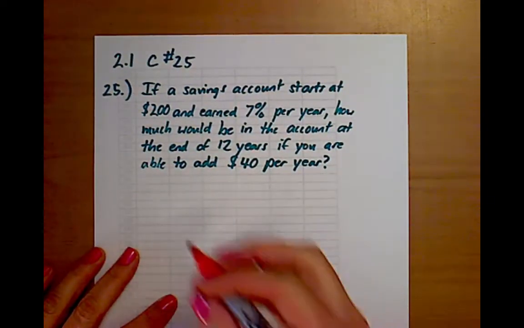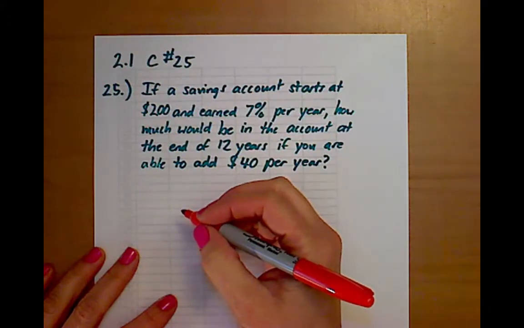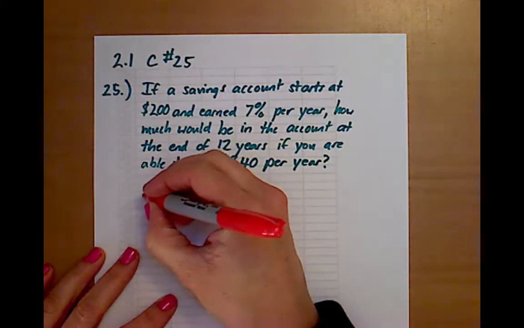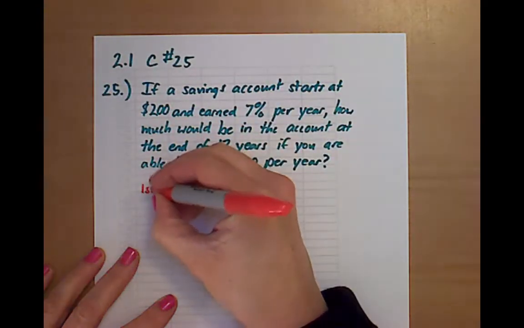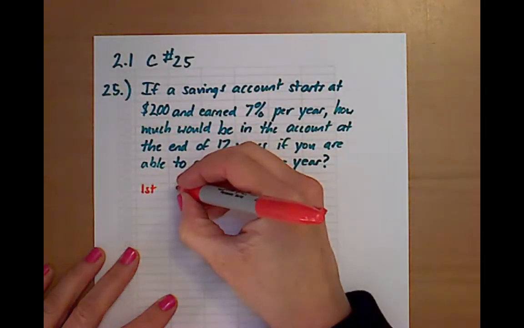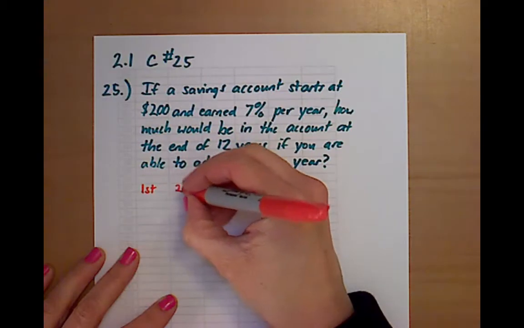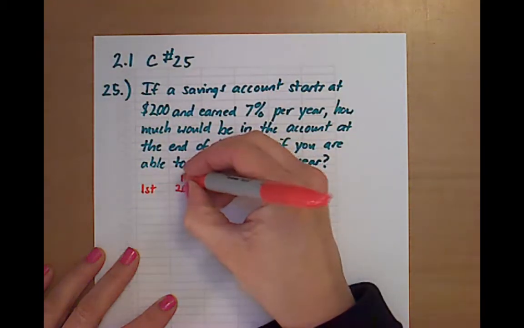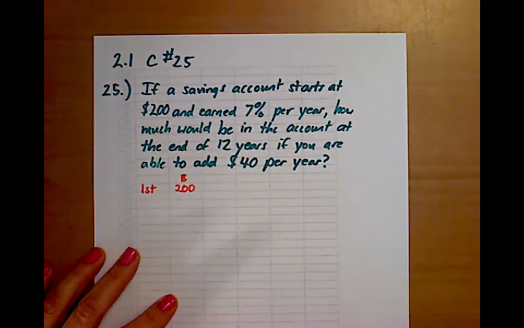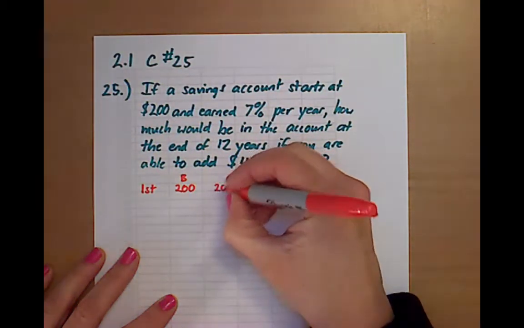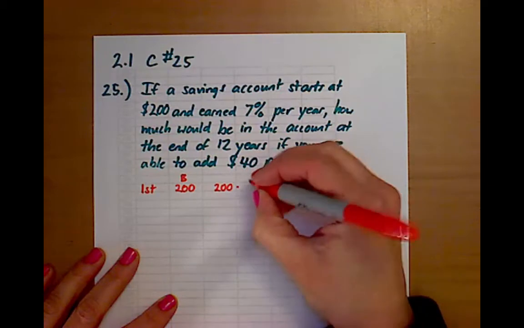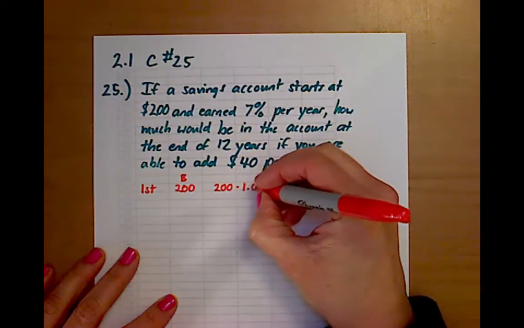It's pretty easy. So on our first year, we're going to put our first year right here. We start out with $200. So I'm going to put a B there for what we begin with. And then we take the $200 and we're going to multiply it by 1.07.